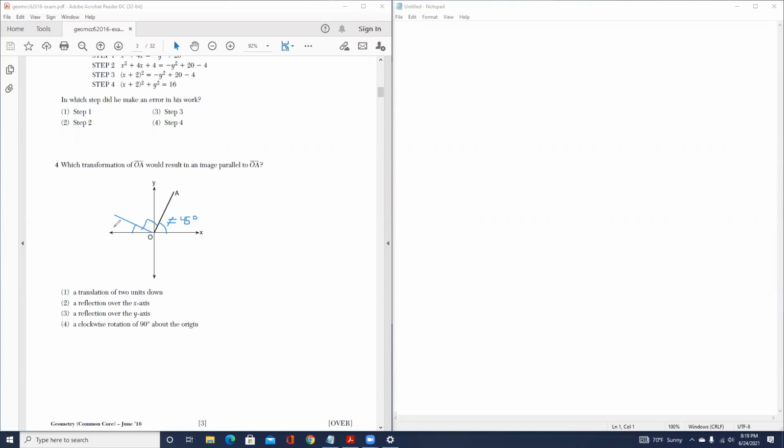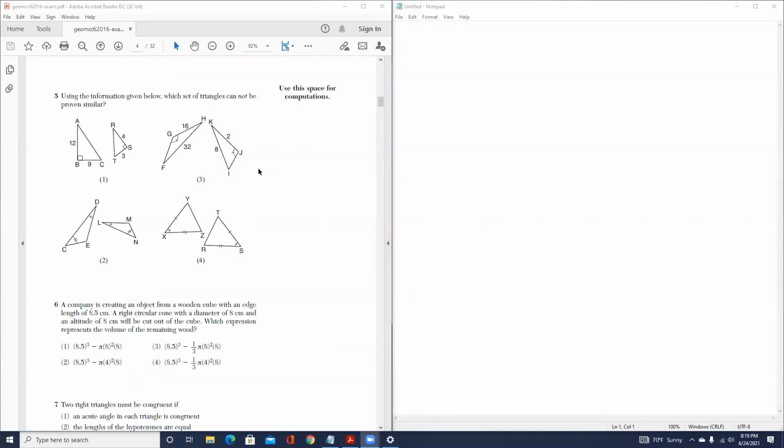So therefore, the image is not parallel. If it were 180 degrees, then it would retain its parallelness, but because it's only 90 degrees, we can safely eliminate that choice. So the only choice that makes sense here is choice 1, the translation of 2 units down.